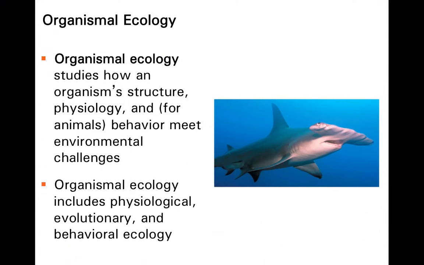We could even delve down deeper to the organismal level, looking at how anatomy, physiology, behavior affects a living organism. So physiological, evolutionary, behavioral, all of these play into organismal ecology.